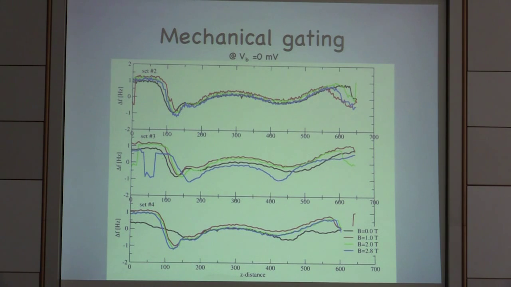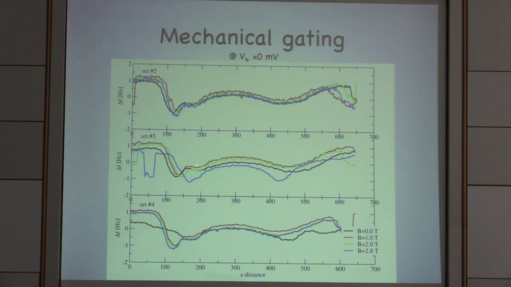So then also if you look at the mechanical gating, you see that we do not see any significant trend when we raise the magnetic field. So it means when we split the Kondo, again there is no signature of some Kondo effect or a Kondo force acting on the tip.